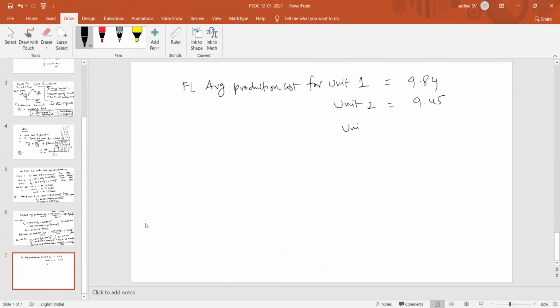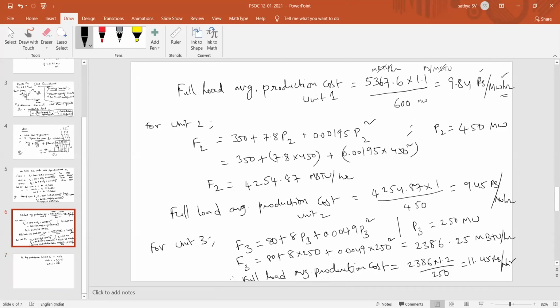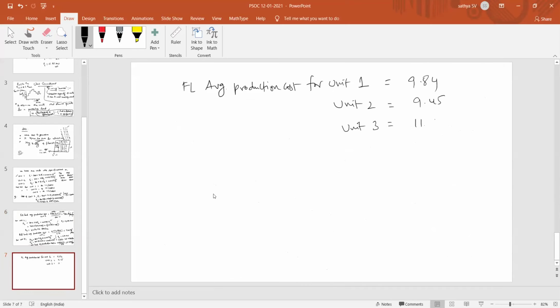And for unit 3, we obtained 11.45. All are rupees per megawatt hour. Right, so this is the full load average production cost that we obtained.